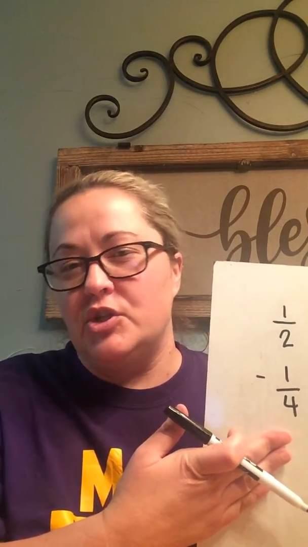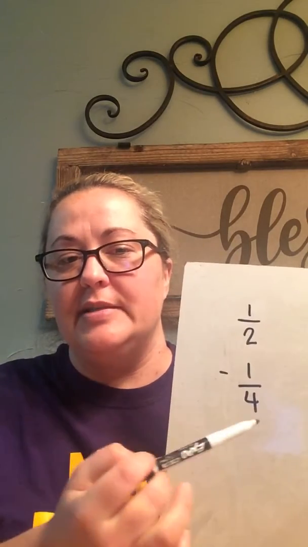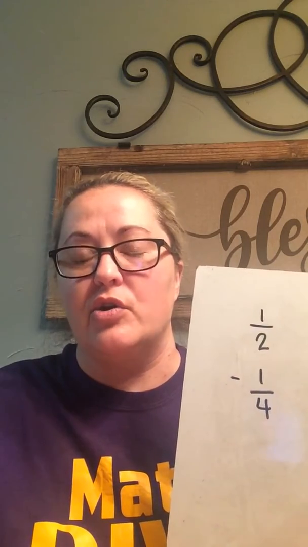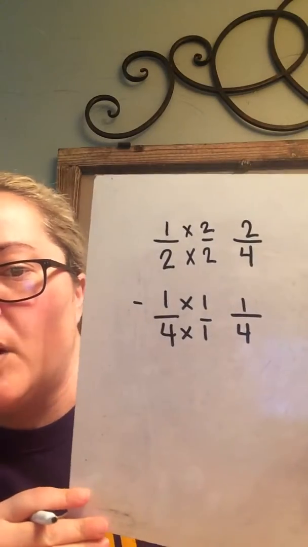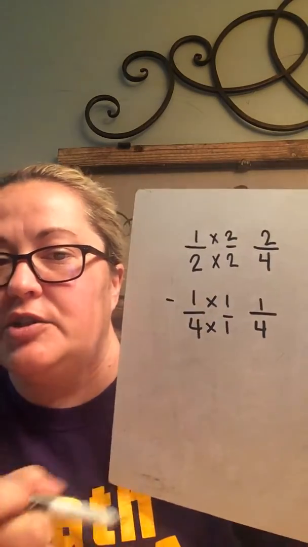So that would be something to check on if you're one of my babies that always multiply your denominators together, okay? So we know we can skip count, and they can both land on 4. So technically this is 4 times 1 and 1 times 1. And then we have 2 times 2 and 1 times 2. And this is what our problem would look like once we made our denominators the same.